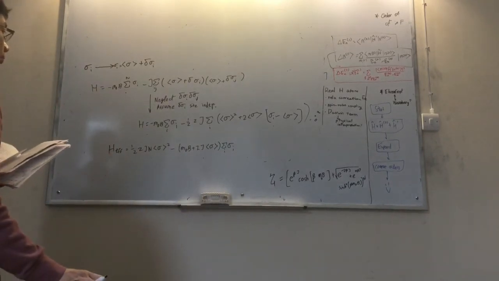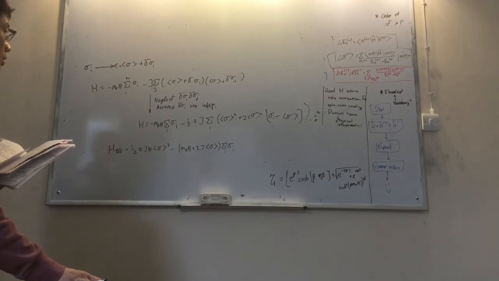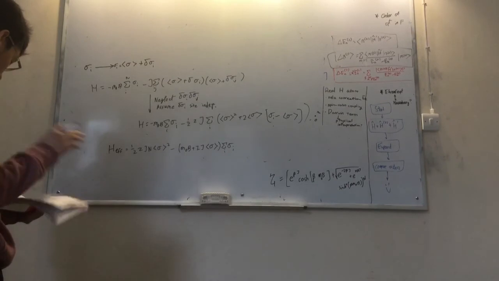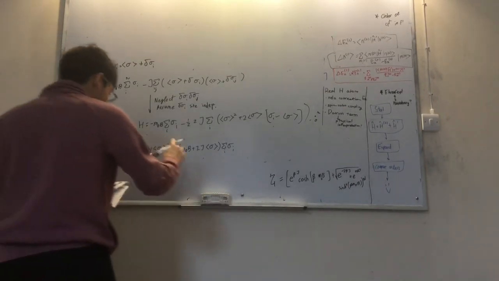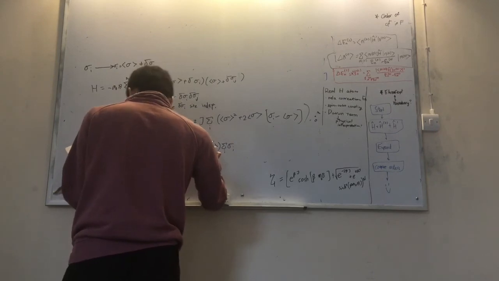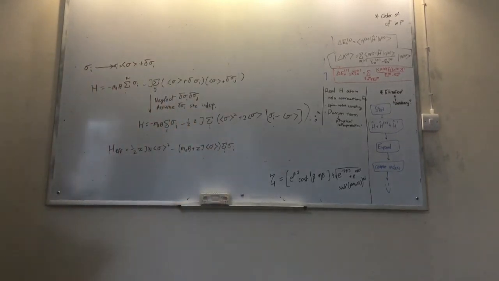So the average sigma squared term, and minus mu naught B plus Z J times mean sigma. Z is the coordination number. Each site is surrounded by Z neighbors.